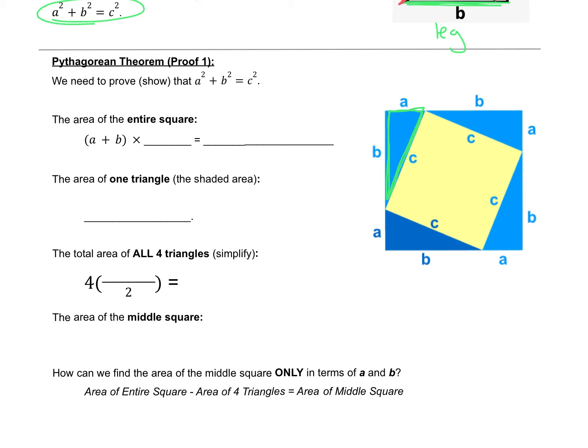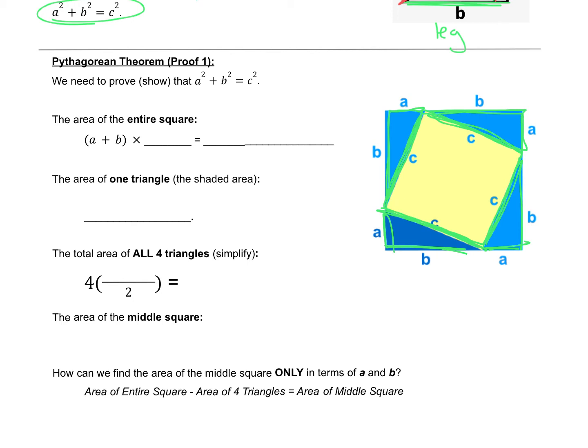The hypotenuse is c. A and B with a hypotenuse of C, and again, A and B with a hypotenuse of C. You can see that these 4 right triangles are forming a shape of a square because all of the sides are the same, and they're length C.